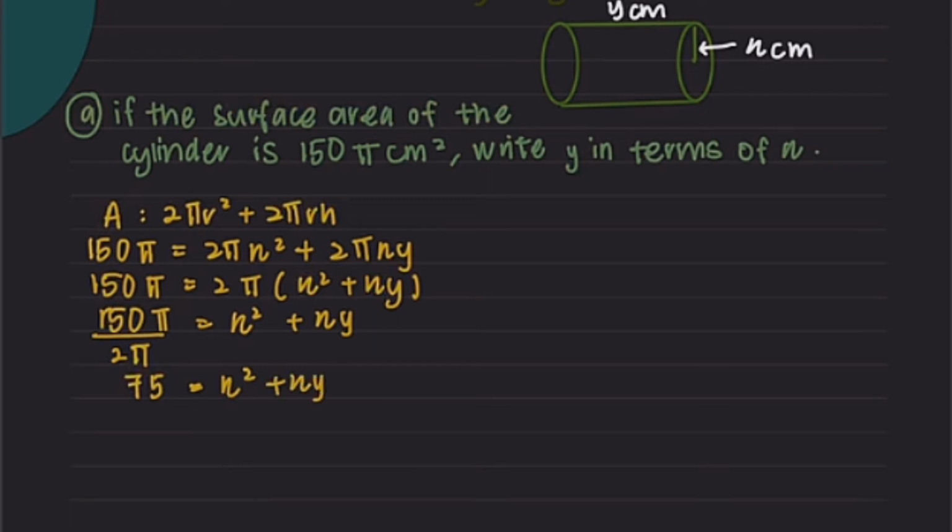Then we just move the x squared to the other side and leave y on one side. In the end, we will get 75 minus x squared, divided by x, equals y. So for question A, we have found the answer where we write y in terms of x.